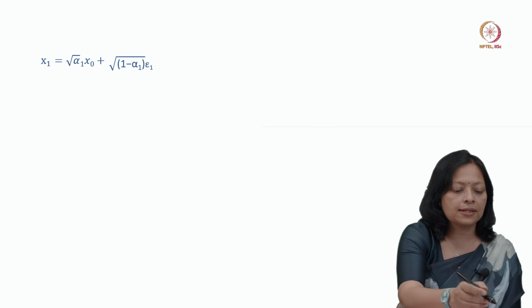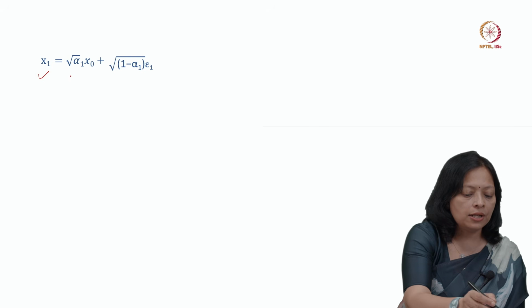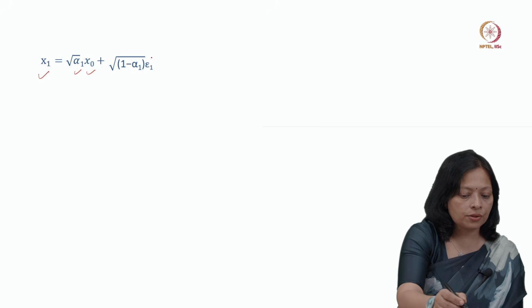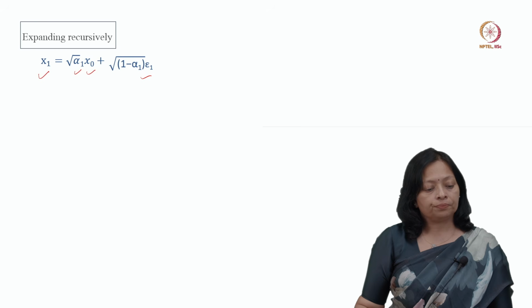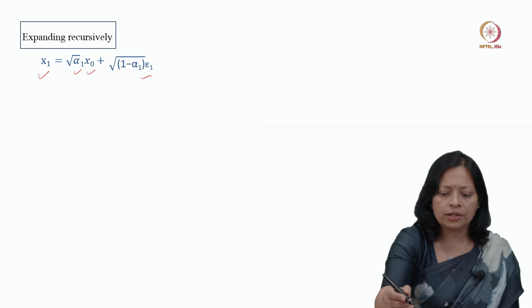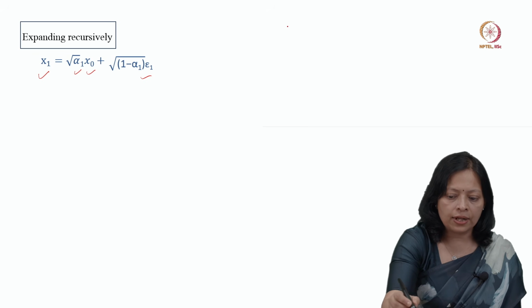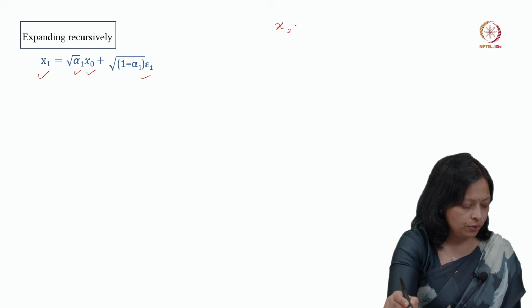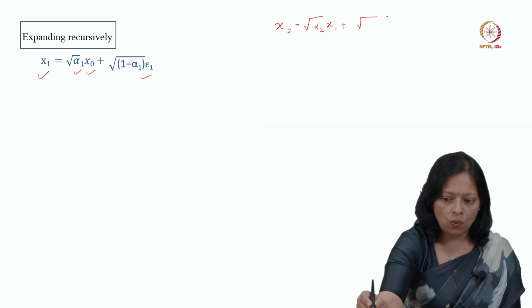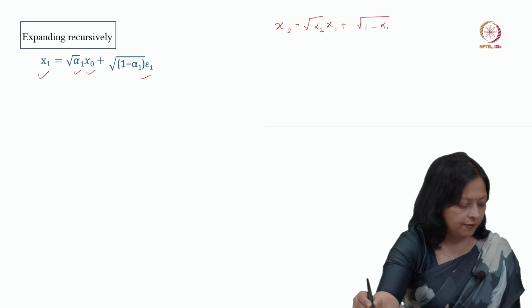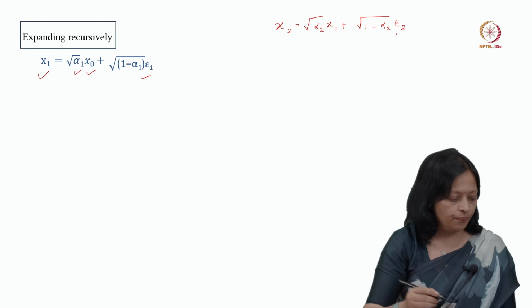We have taken this expression x 1 equal to square root of alpha 1 x 0 plus square root of 1 minus alpha 1 into epsilon 1. Now, if we expand it recursively and try to get x 2, I will write it here: x 2 equal to square root of alpha 2 x 1 plus square root of 1 minus alpha 2 epsilon 2.